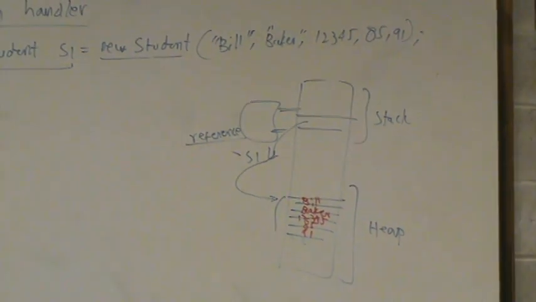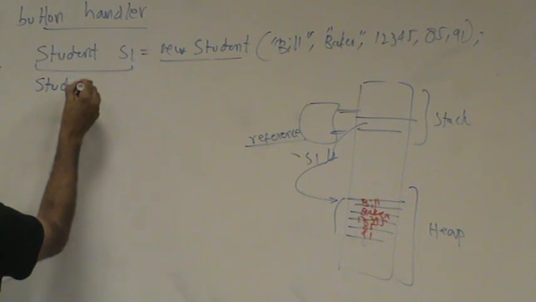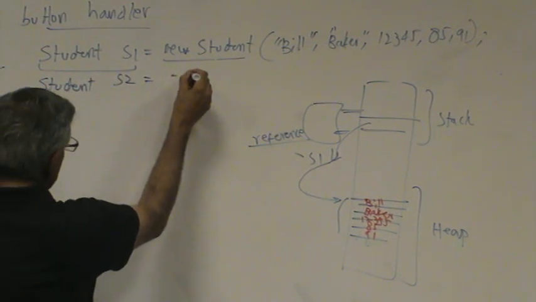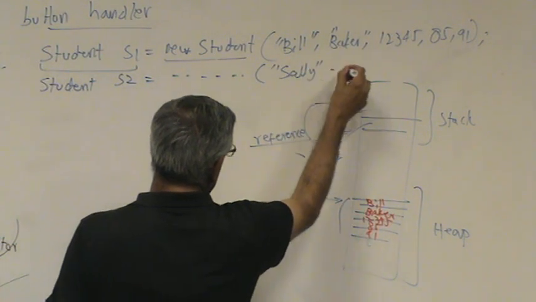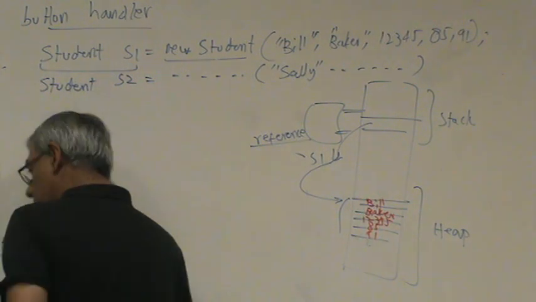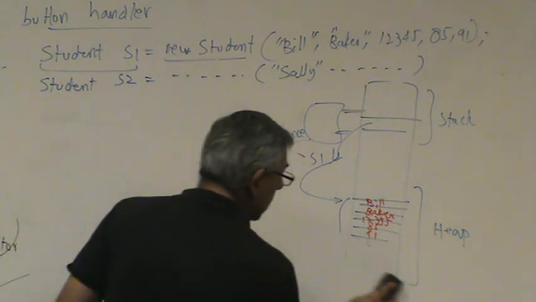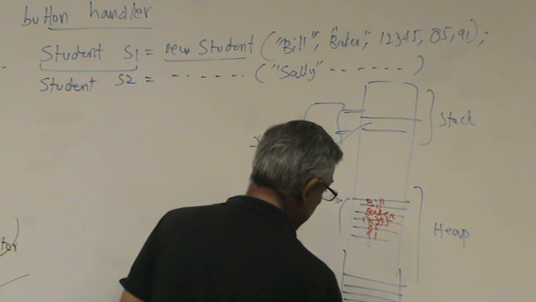What if we wanted to create 2 objects? You will do Student S2 equal to new Student, and for example, Sally, and so on. So what will it look like in the memory of the computer? Now there are 2 students over here.